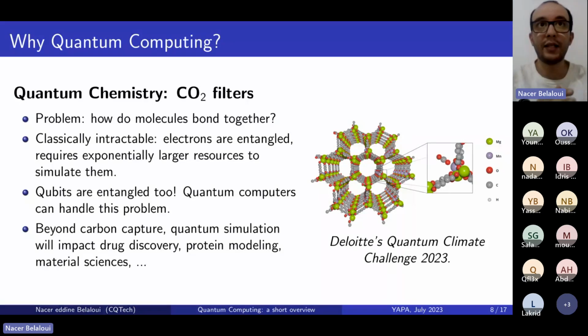So for a highly entangled system, let's say you have 1,000 electrons, you would need 1,000 states to represent the electrons, but then you would need 2 to the 1,000 states to represent all of the correlations, to keep track of them. And the visible universe is not big enough to store this amount of information.